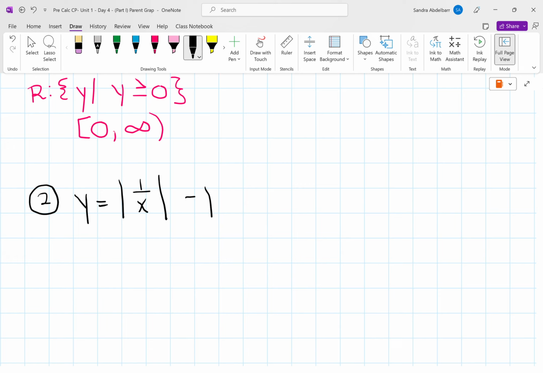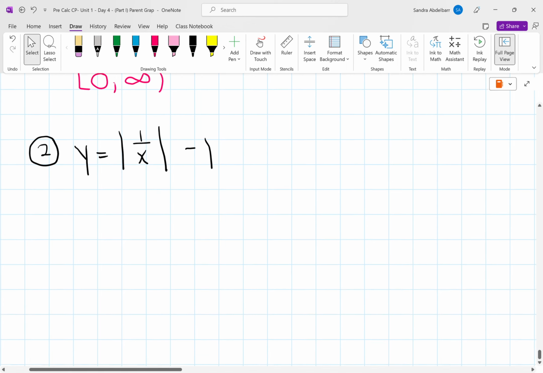So what this is telling us to do is graph this function inside. But then after you graph it, you take the absolute value, and then after you take the absolute value, guess what you're going to do? Translate it. Then you're going to move it. All right, are we ready for this? No?